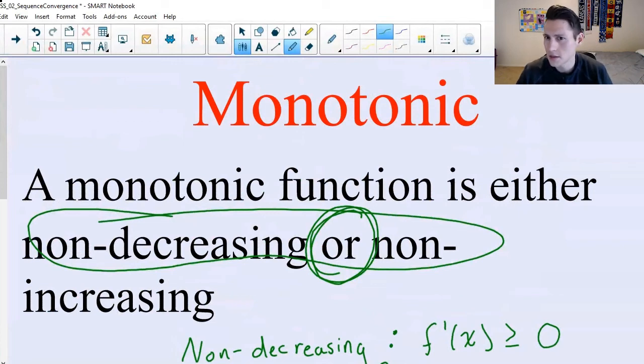But I'm pretty sure that yes, a horizontal line is monotonic. Yeah, I think that's what Reese was asking about, right? I'll have to double check that, but my intuition would say yes.